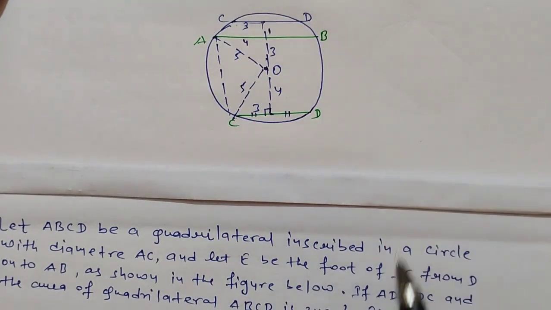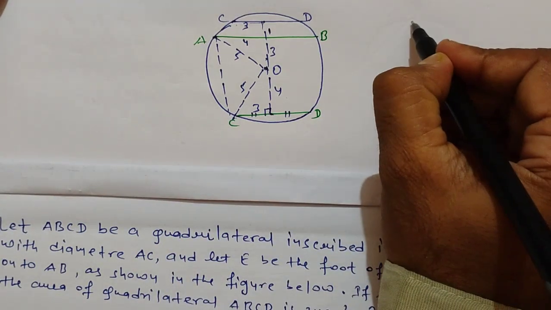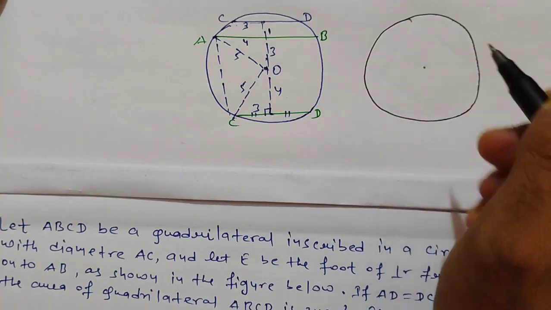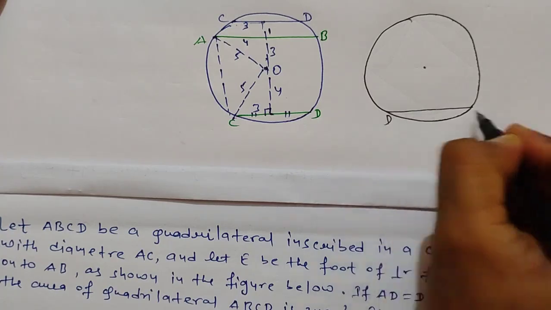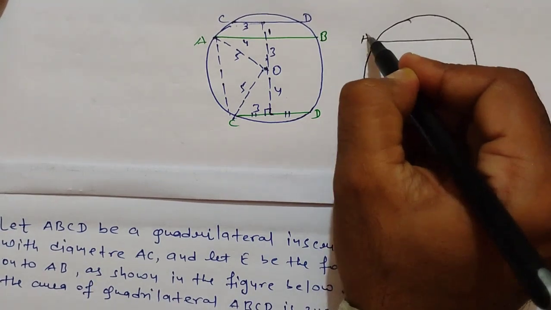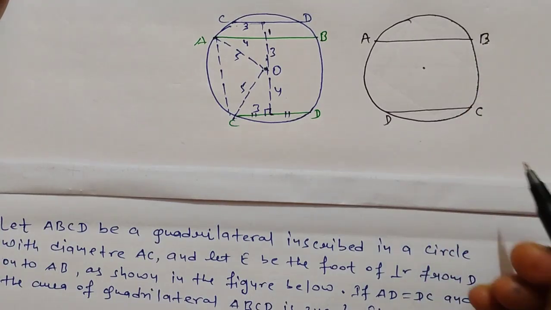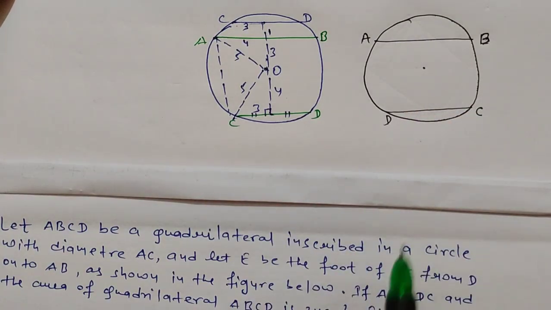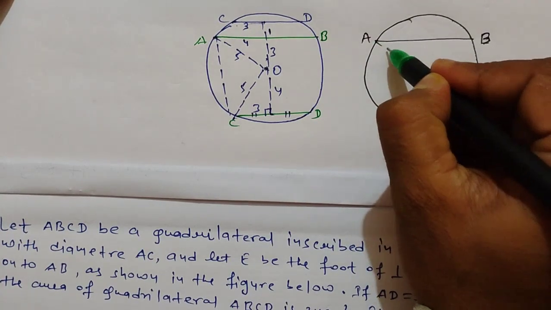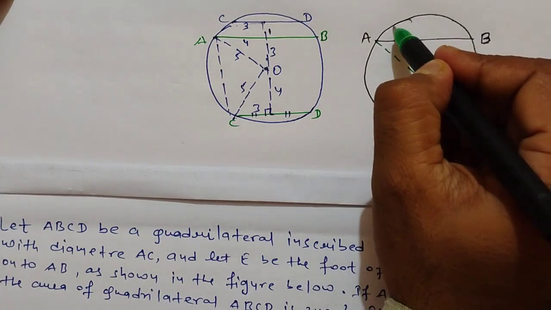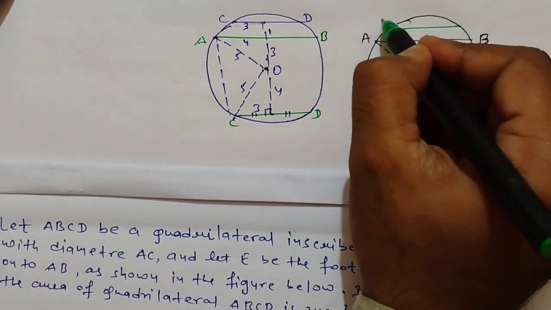And now what we can do, we can construct the second diagram as if this is CD and this is AB, and also connecting this from the partial line, and the same length DC here.